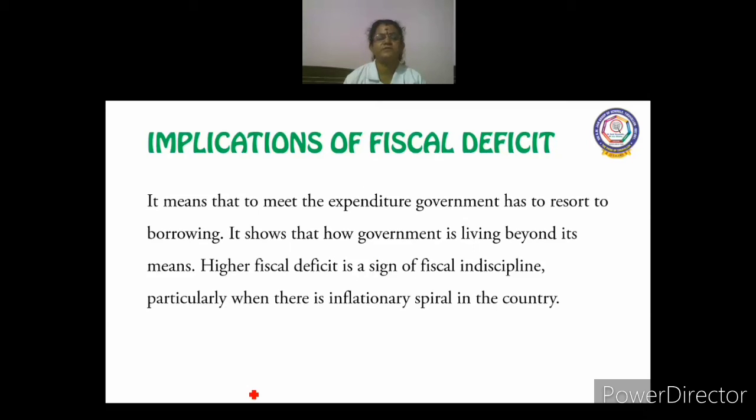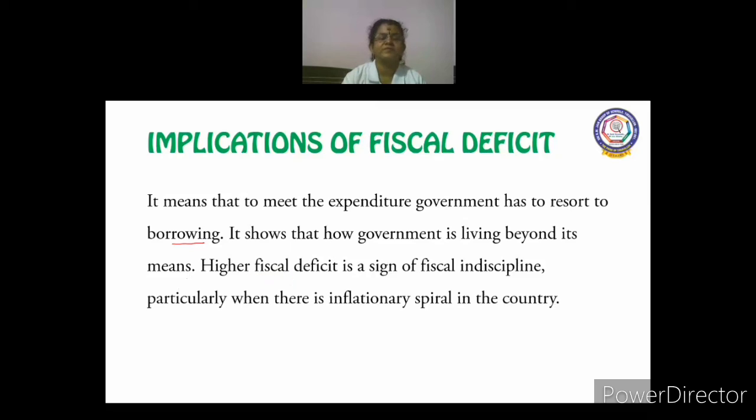Implications of fiscal deficit. It means that to meet the expenditure, government has to resort to borrowing. It shows how government is living beyond its means. So beyond its means is whatever receipts the government gets, more than that is the expenditure.